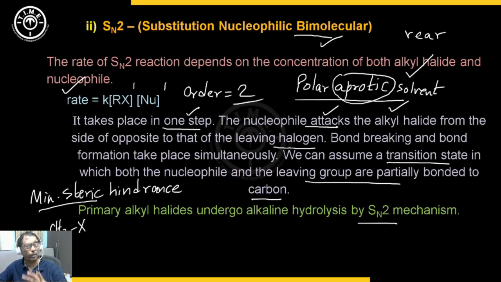Here, the opposite happened compared to SN1. In SN1, we depended on carbocation stability, where 3 degree offered the maximum stability. Therefore, the order was 3 degree more than 2 degree more than 1 degree. But here it is 1 degree more than 2 degree more than 3 degree. And the methyl is even better than the primary because methyl has only hydrogens attached to the carbon, and hydrogens are the smallest atoms. Clear?